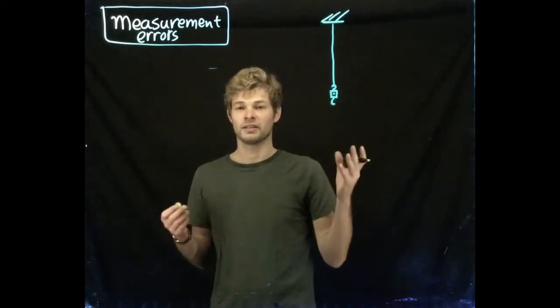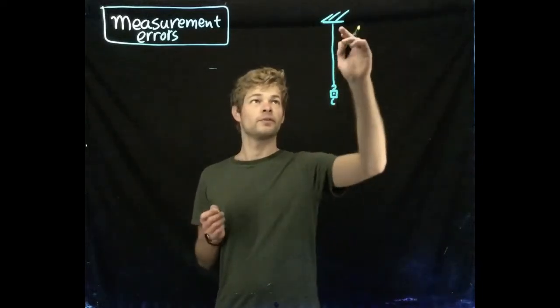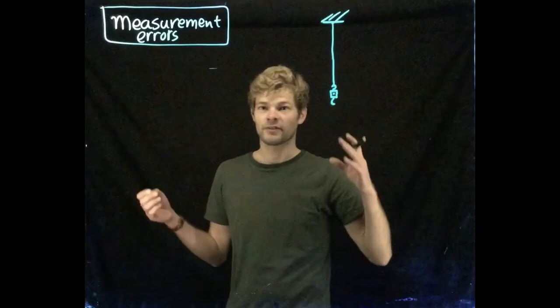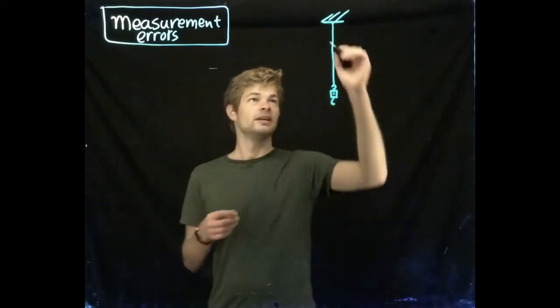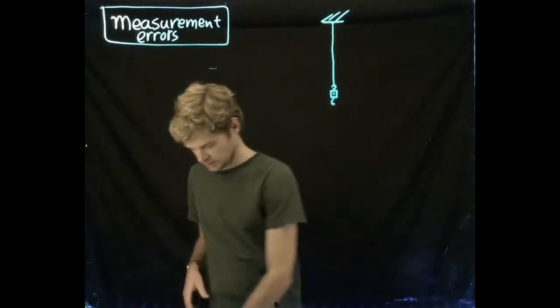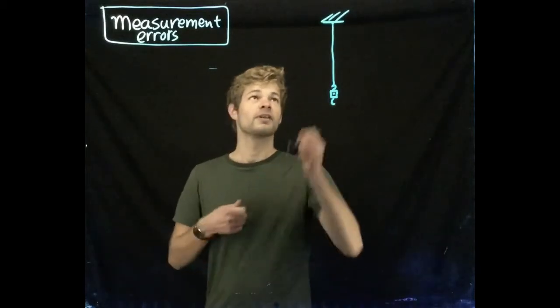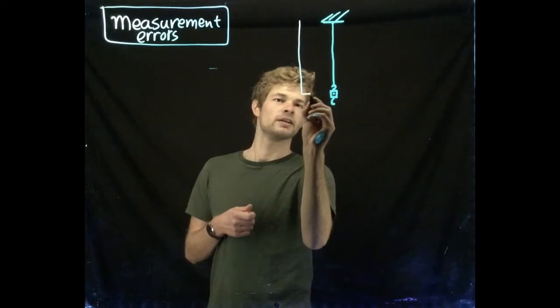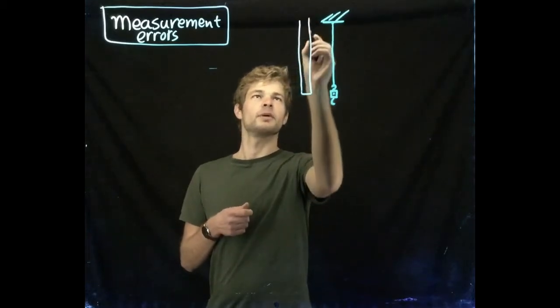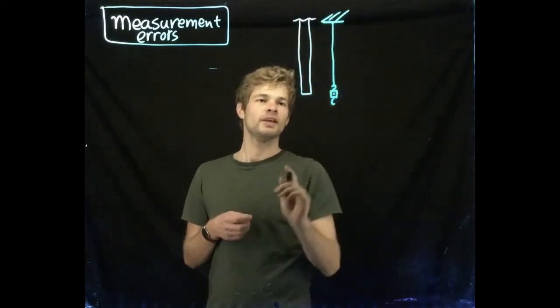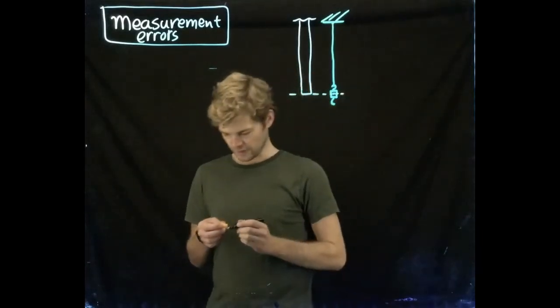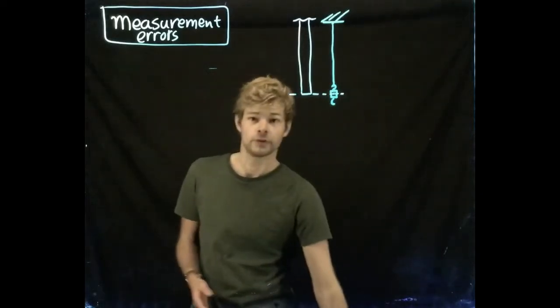I'm going to measure the position of the center of gravity with respect to the point where it's attached to the ceiling, because gravity is the driving force for moving this pendulum back and forth. So I'm going to use a tape measure, and measure up to here. So this will be my tape measure, and I have to look from here to the center of gravity.